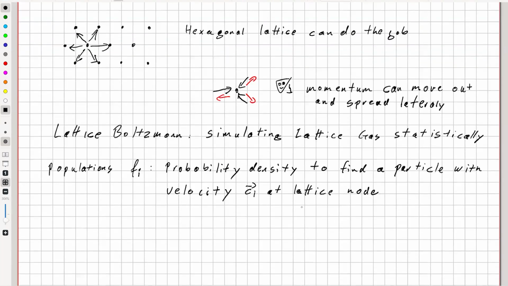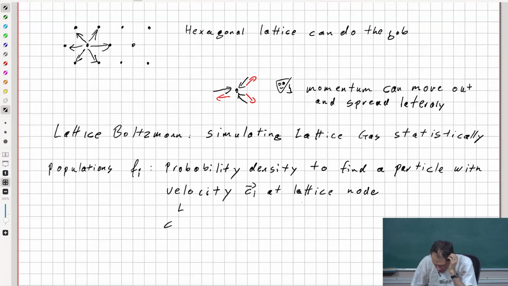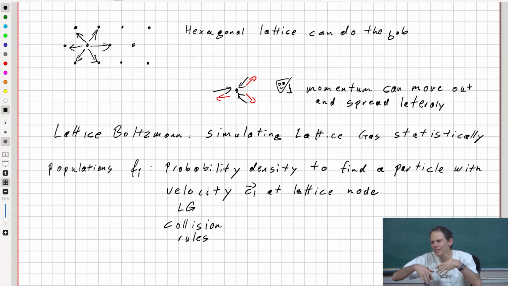So previously, in lattice gas, we have collision rules. So collision rules means particles come in this way, we make them go out that way, right?